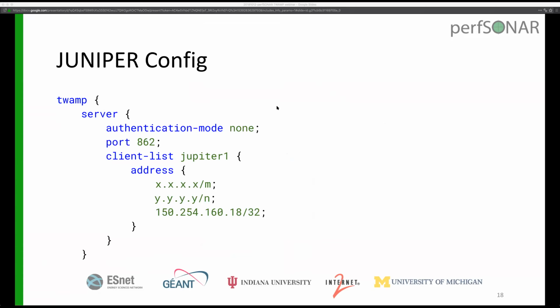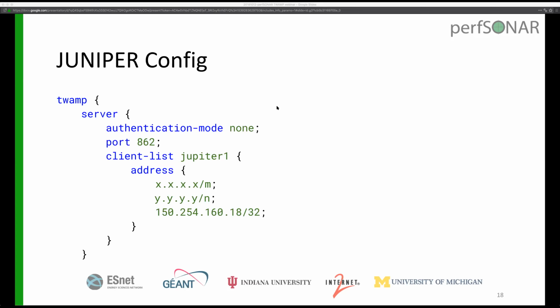So this is just a snippet of a JUNIPER configuration that shows you how simple it is to enable the TWAMP server and reflector on a JUNIPER device. So you just declare a TWAMP server block. You decide on the control port.